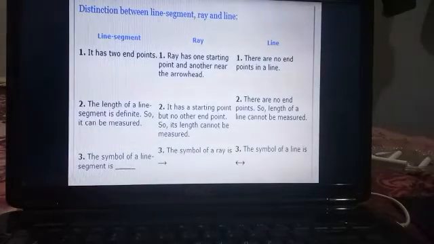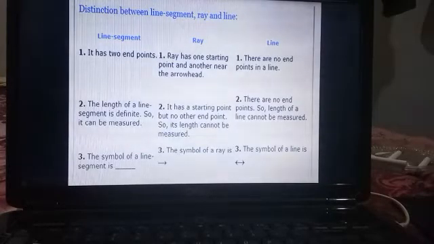Now the most important part of this chapter is the difference or distinction between line segment, ray and line. In the first column you can see the characteristics of the line segment. In the second column you can see the characteristics of ray, and in the third column you can see the properties or characteristics of the line.